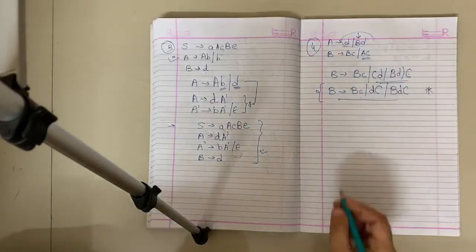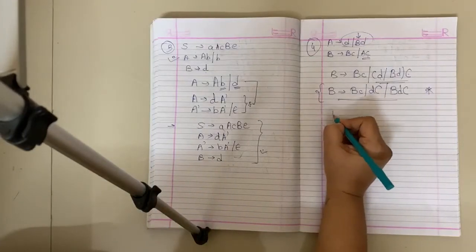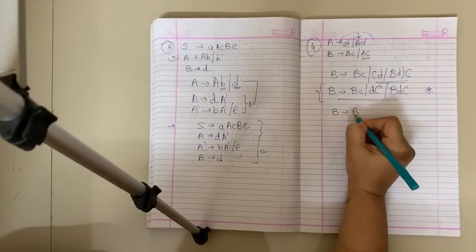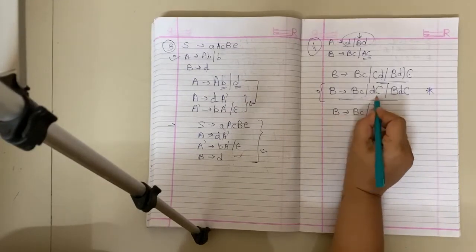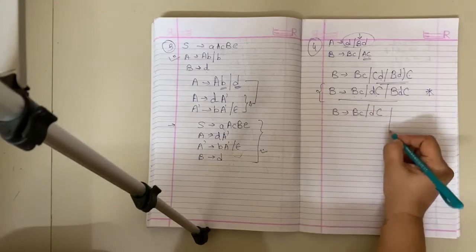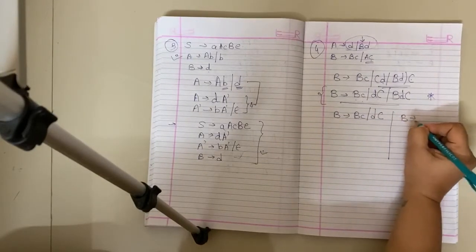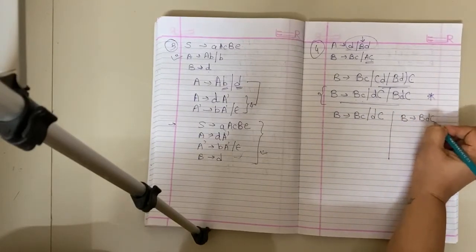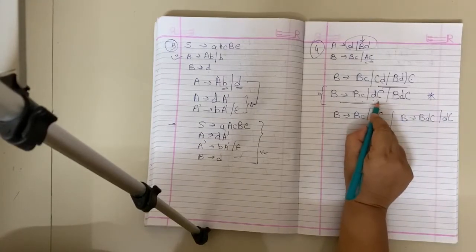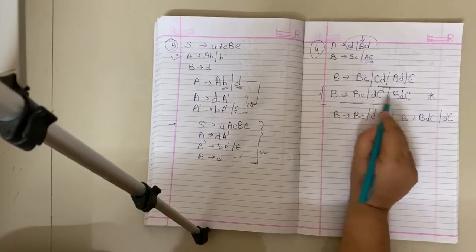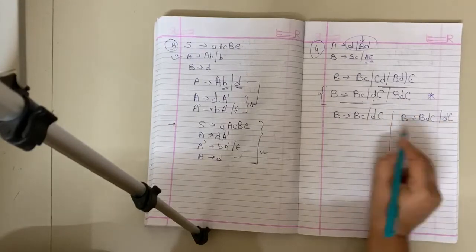To eliminate that left recursion, we have to make the pair. So the first pair is B derives Bc or dC, that is left recursive, non-left recursive, and the second pair which we have is B derives BdC or dC. We can use the same non-left recursive rule with both left recursive rules. Okay, fine.